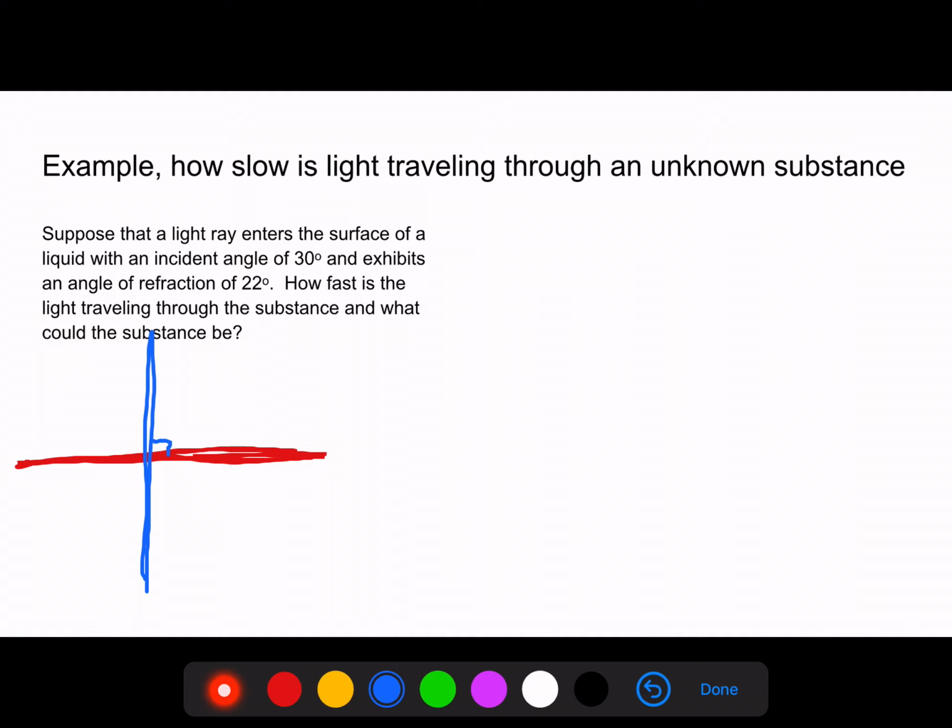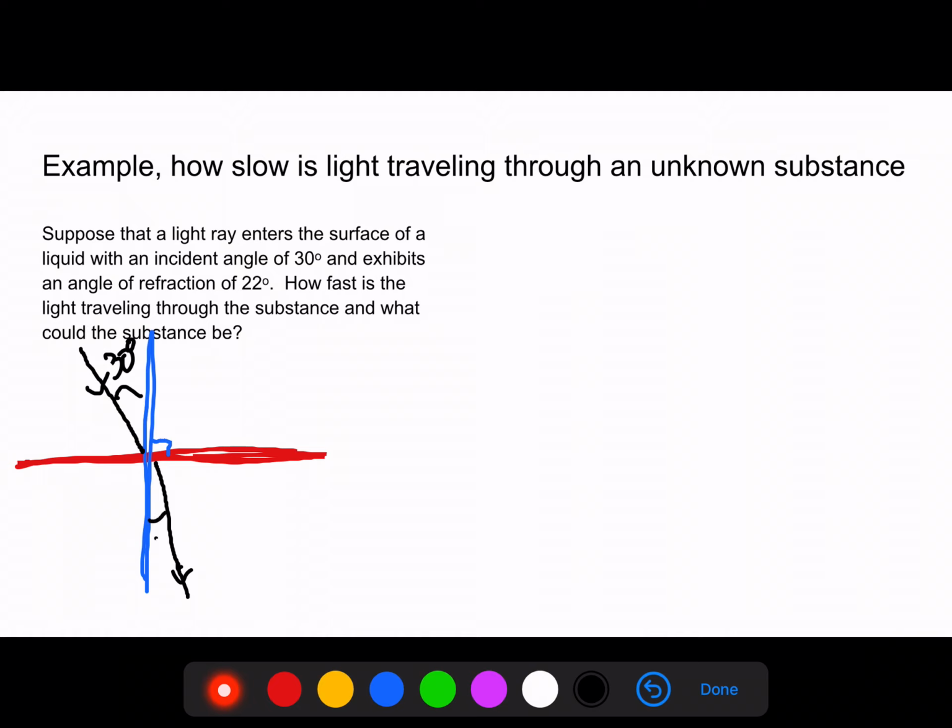Then I'm going to draw a perpendicular or normal line with respect to that interface. And then I'm going to draw some light ray coming in at an angle of about 30 degrees with respect to that normal. And then as it's refracted, it looks like it's bending towards the normal because the refracted angle is only 22 degrees.